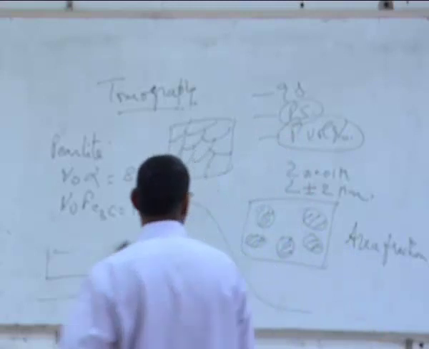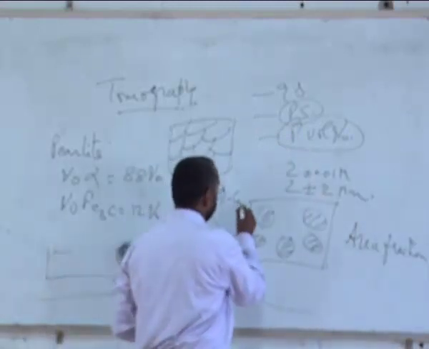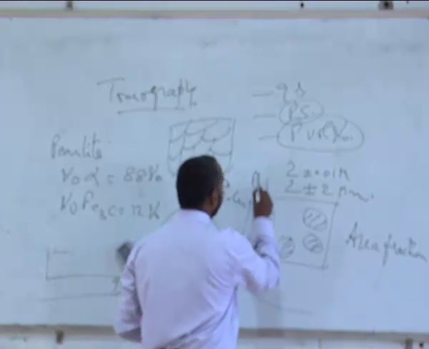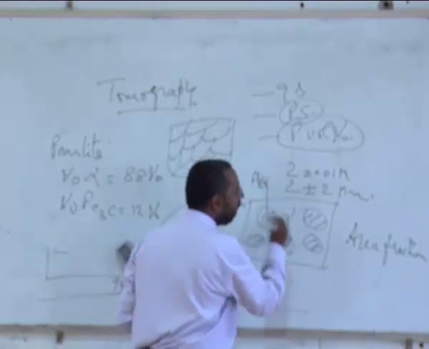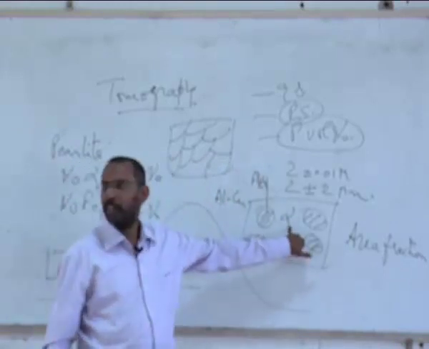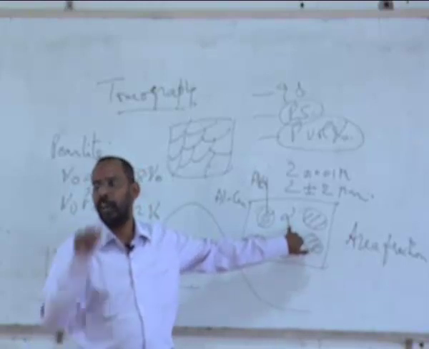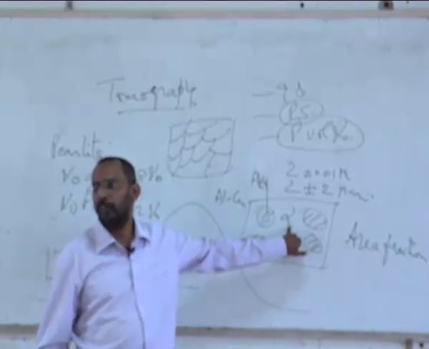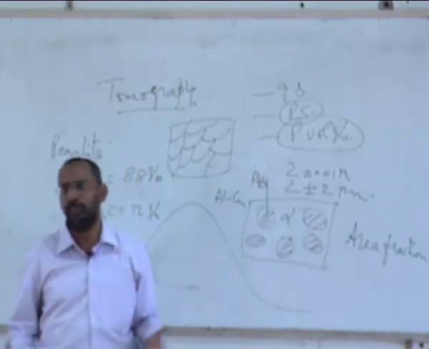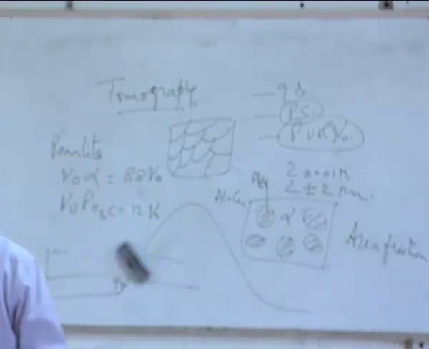Please try to know. For example, if this is my alloy, aluminum copper alloy, and this is Al2Cu, and this is alpha. The composition of alpha is the amount of copper inside the alpha. That is the meaning of composition of alpha, and which is usually very, very small, less than 0.5% or so at room temperature at least.